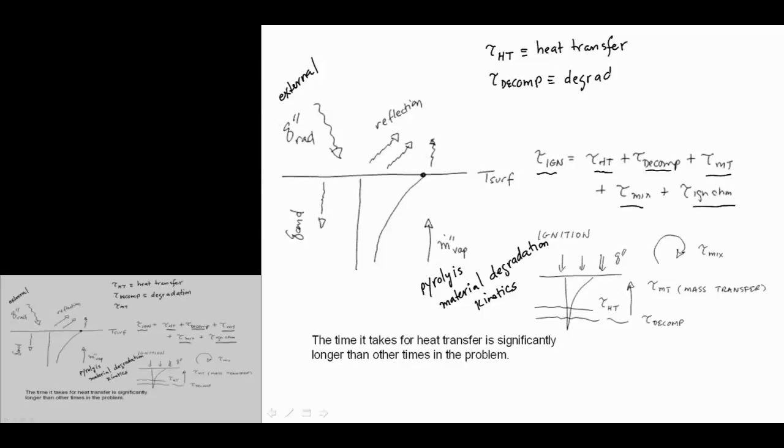Tau MT is the time it takes the volatiles to come out. Tau mix is the mixing time. This is the air and the volatiles mixing. And tau ignition chem is the time it takes for the gas phase ignition or the gas phase reaction.